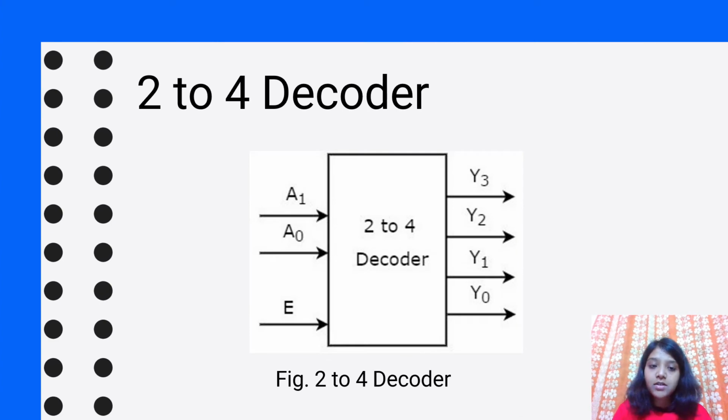So now we have the block diagram of 2 to 4 decoder. Here there are two inputs, A0 and A1, and we have four outputs, that is Y0, Y1, Y2 and Y3. Here E is the enable input. It can either be active low or active high.